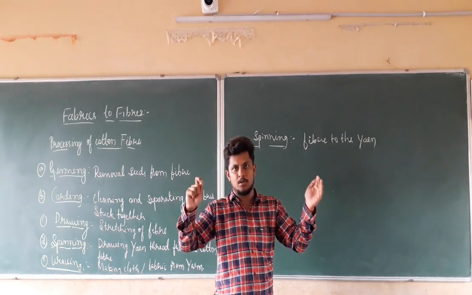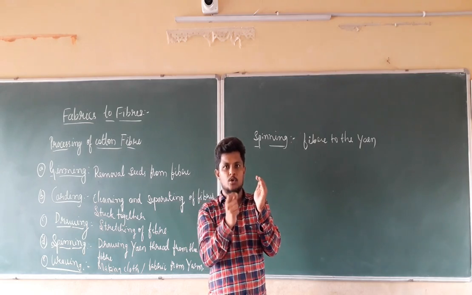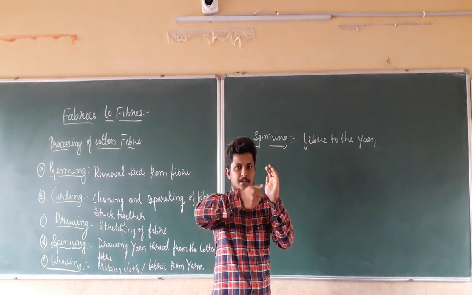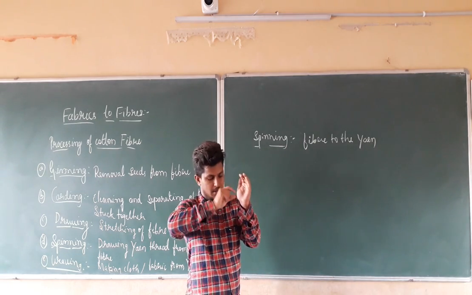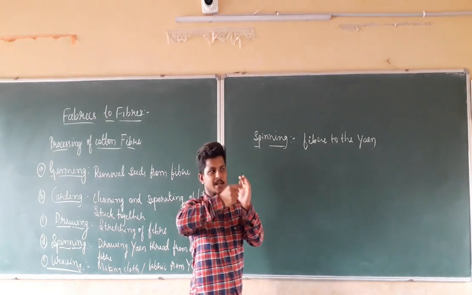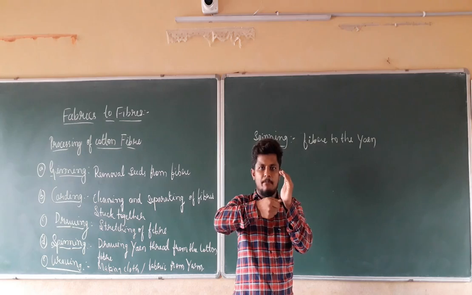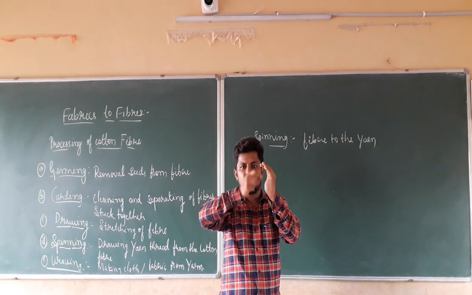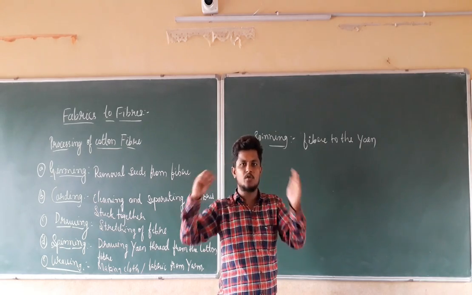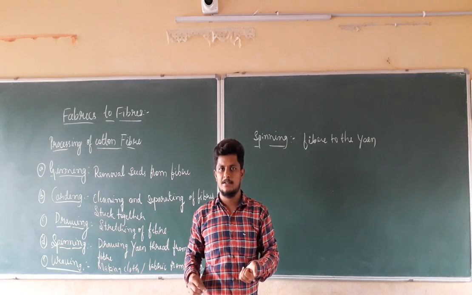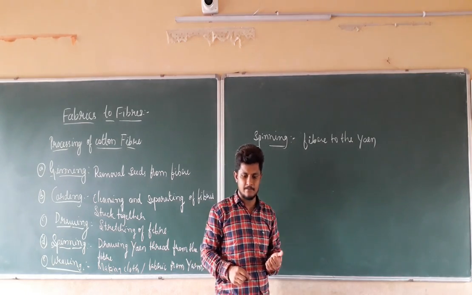While doing so, I am going to rotate it, spin it, twist it. What will happen? After the twisting, after the rotating, the cotton which is coming outside looks like a thread.